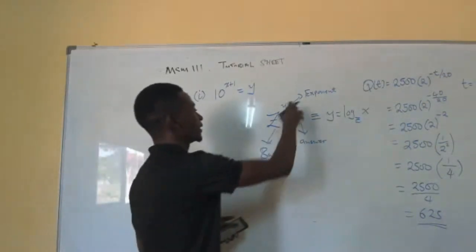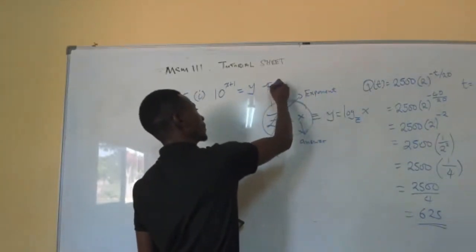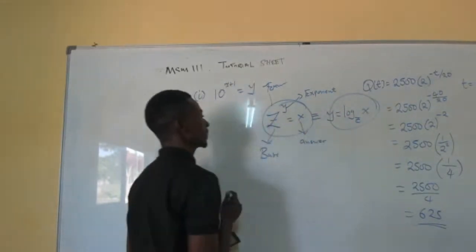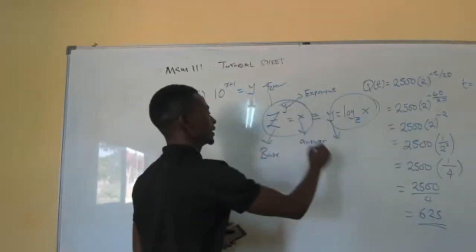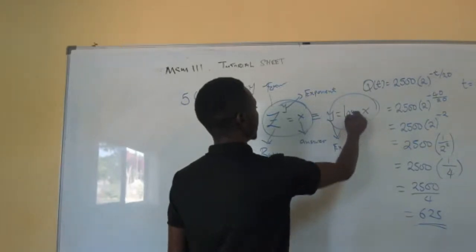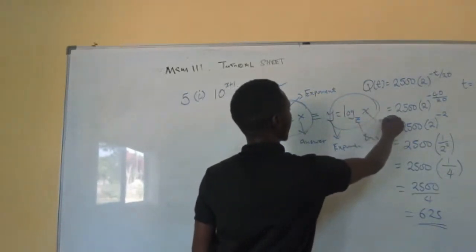The first one is in the exponential form. In logarithmic form, you have the exponent, then the base, and the answer there.